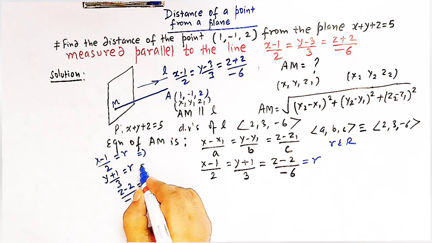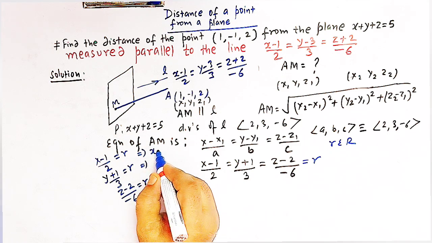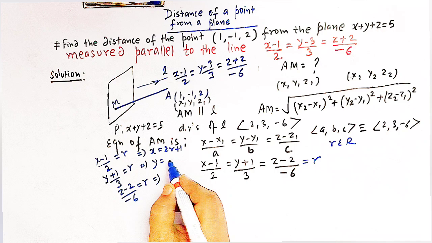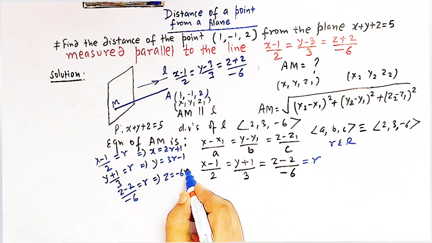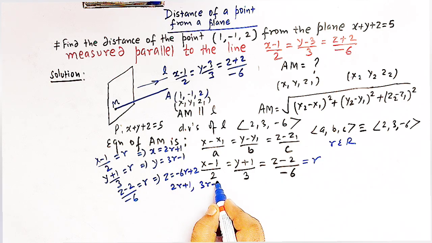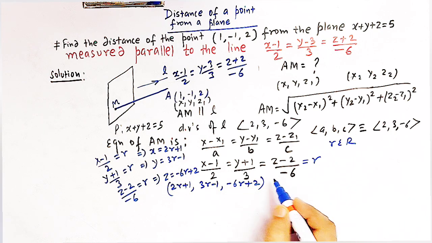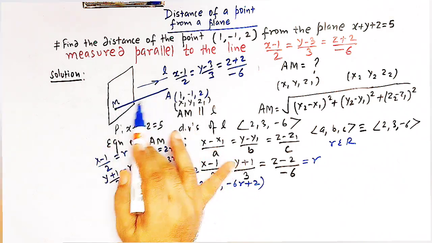Solving these three equations for x, y and z, we have x is equal to 2r plus 1, y is 3r minus 1 and z is minus 6r plus 2. So 2r plus 1, 3r minus 1, minus 6r plus 2 are the coordinates of a general point lying on this line AM.